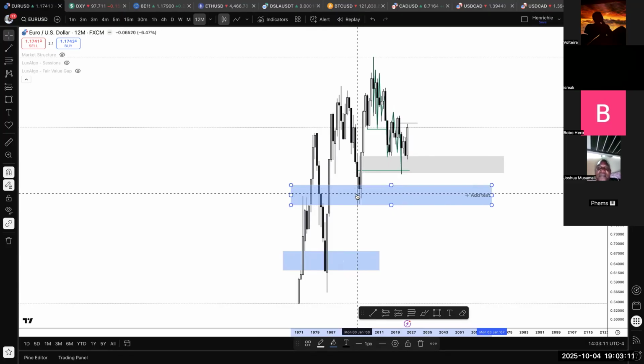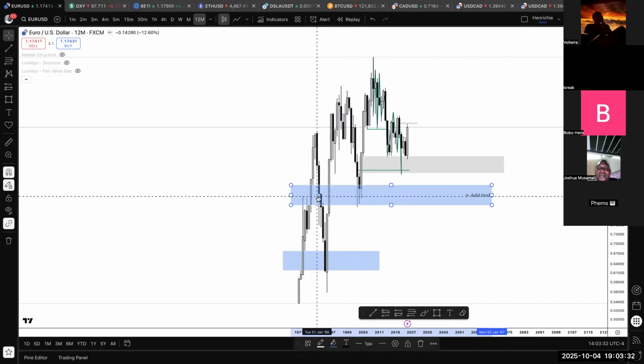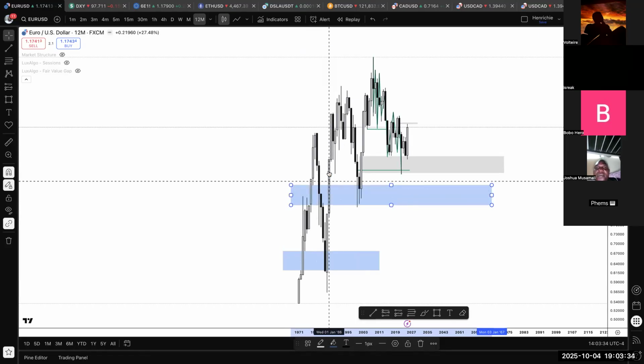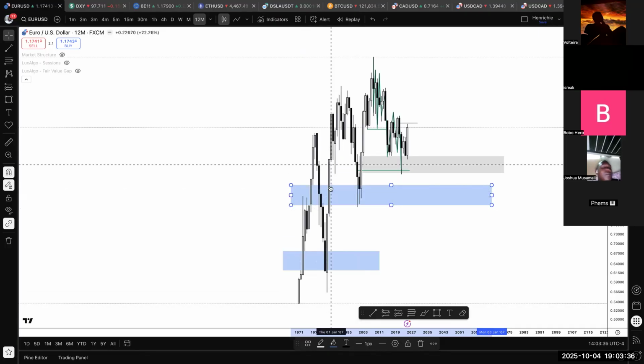Now, me personally, I don't really use an inverse fair value gap on its own individually. I like to see other confluences aligned with it before I use it as a point of interest. So for example, I can see there's an inverse fair value gap here, which is an inefficiency that got invalidated that wasn't used for a buy. And I can see right here, there's an inefficiency here.